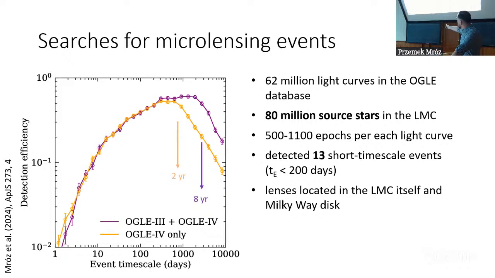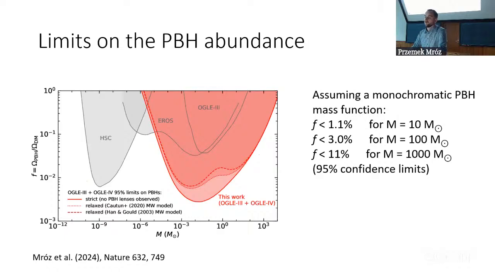These are the results of our simulations: detection efficiency as a function of the event timescale. As you can see, we could detect events with timescales as long as 8 to 10 years. So should there be any very massive black holes in the Milky Way, we should have detected at least some microlensing events by these objects.